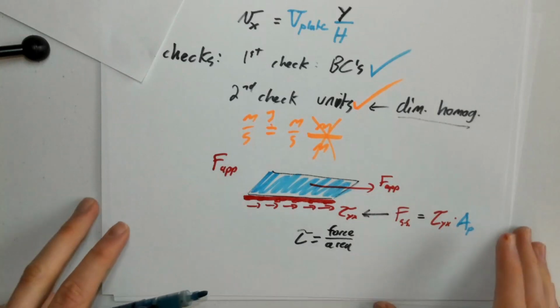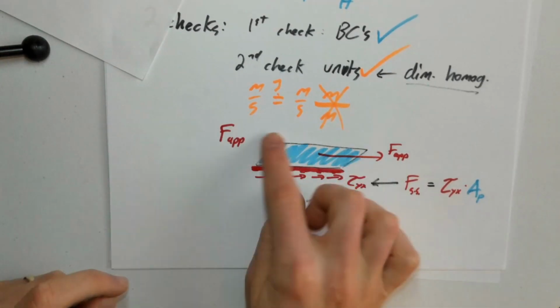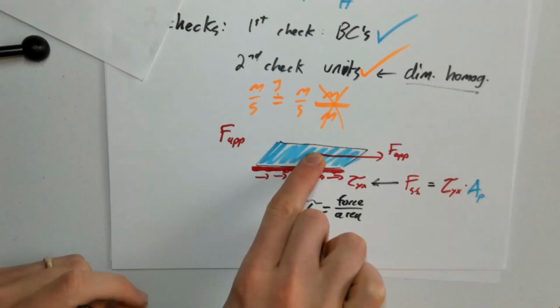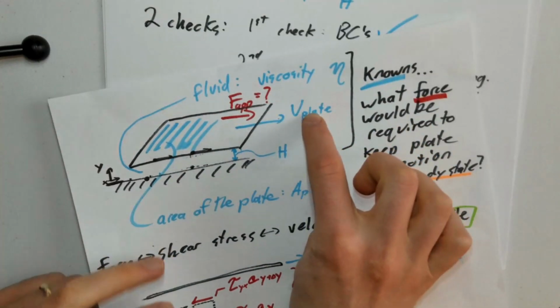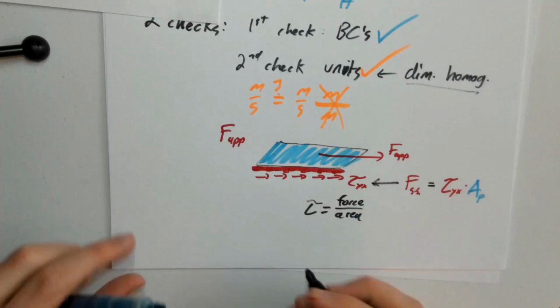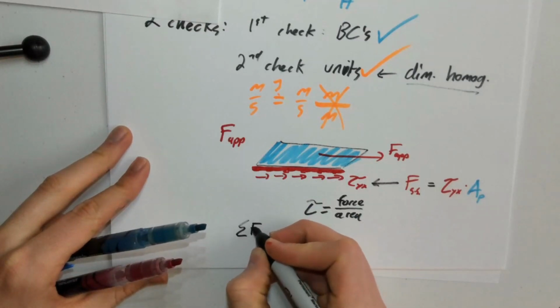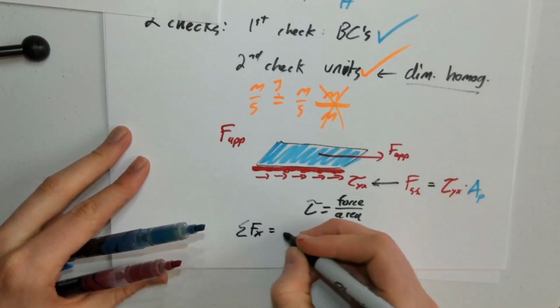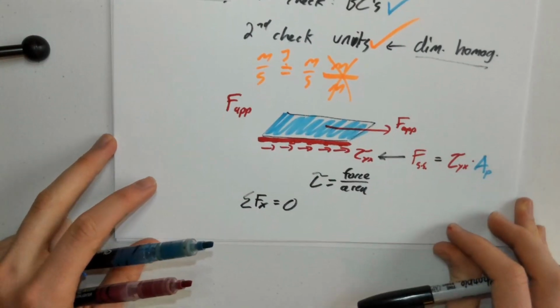So what does this mean? Well, we know the plate is also in steady state, right? We said it's moving at some constant velocity, so the sum of forces in the x direction on the plate must be equal to 0 because it's not accelerating.